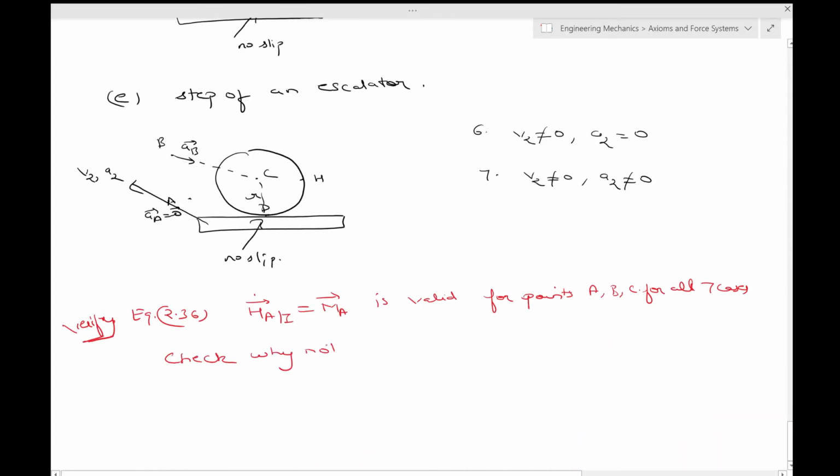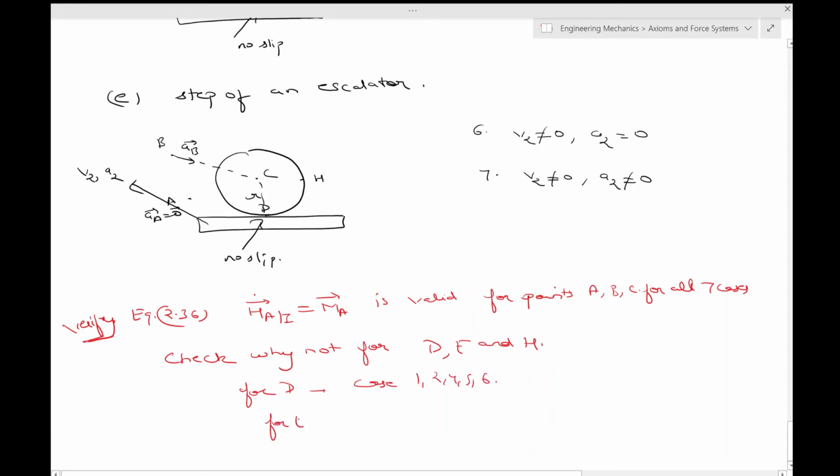Why not for D, E and H? So for D it will be case 1, 2, 4, 5, 6.